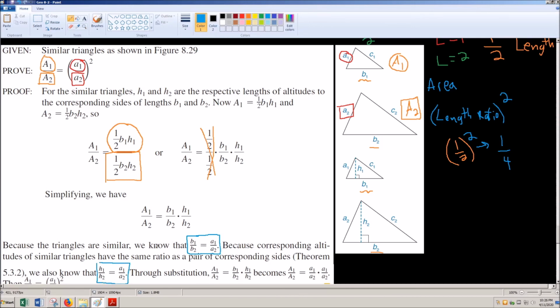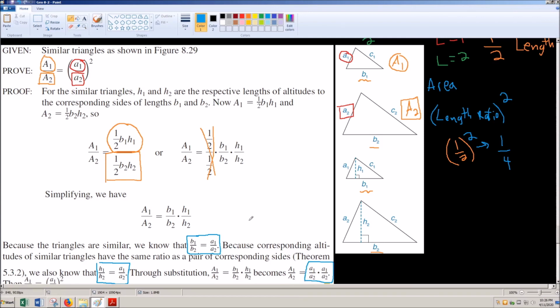So if I've got these two things which are proportional and they're the same, then I can just say, okay, let's have a substitution where instead of writing A1 over A2 or B1 over B2, it doesn't matter what variable you're representing with, let's just use the same one twice. So let's use A1 over A2 twice here. If you want to do B1 over B2 and B1 over B2 again, that's totally fine as well.